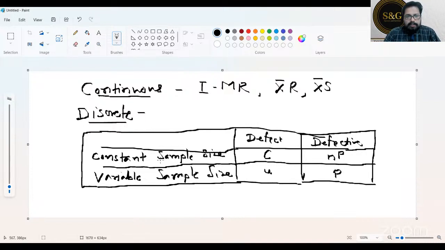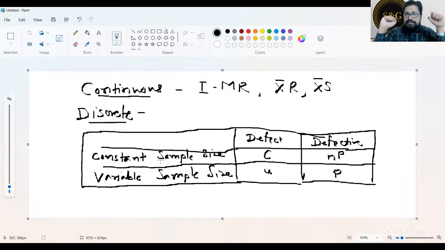Amazing. Now just try to understand the difference between defect and defective. What is a defect and what is defective? Let's take a very simple example of a shirt. We are a shirt manufacturing company, so our final product is a ready-to-wear shirt. As a quality person, when I check the shirt, I will first find certain defects in it.